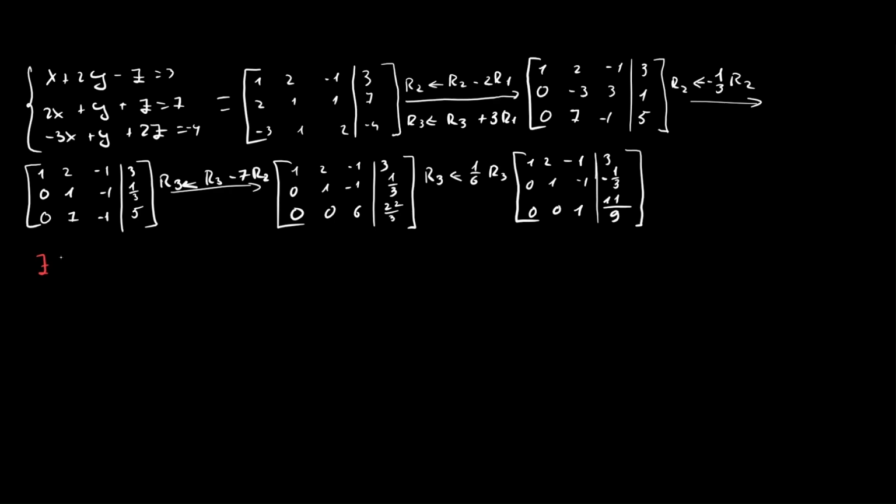So z will be 11 over 9, y will be 8 over 9. And now let's just solve for x.